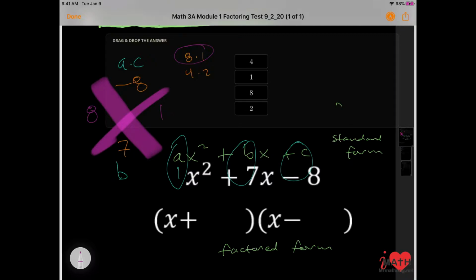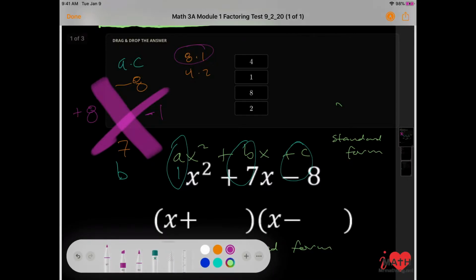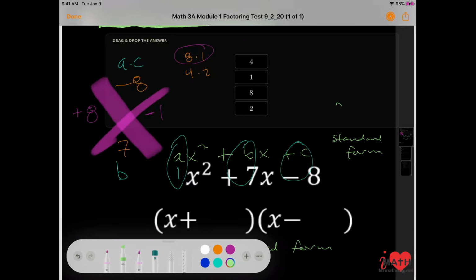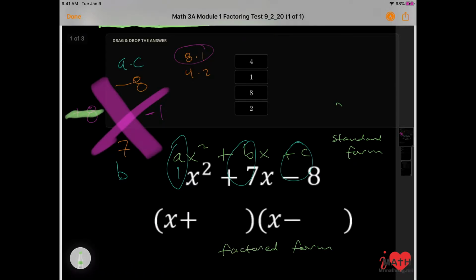And then I need to think about which one is going to be positive, which one is going to be negative. Well, the B value is positive, so I'm going to make 8 positive and 1 negative. Now, you don't need to have those positive and negatives, but let's make sure we have our answer here. So I know that I'm going to have positive 8 and negative 1.